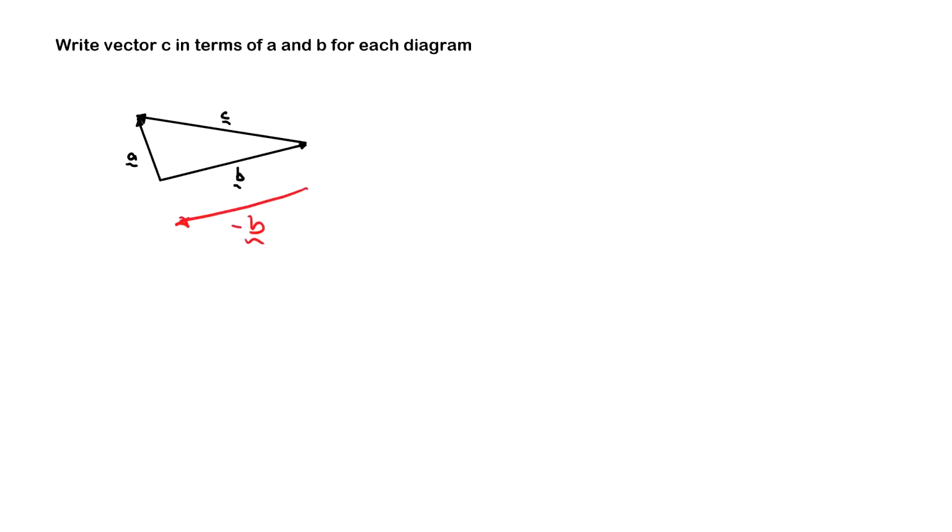We then have the head of negative B vector joining the tail of vector A. So we can redraw the triangle, vector A, vector B, and we know our third line will be this one, which is vector C. Now that we have a triangle we can use, I can write them in terms. I know that vector C is going to be negative B vector adding on to vector A.